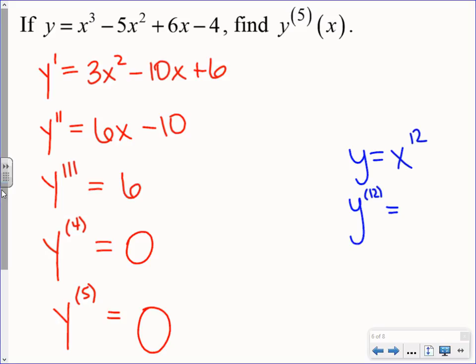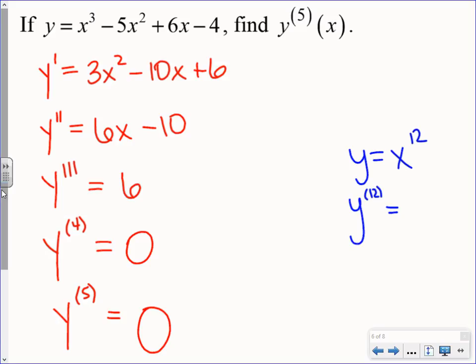The exponent's going to keep getting smaller, and what happens with our coefficient? Okay, and there's a pattern, right? Our first derivative is going to be 12x to the 11th. And then our next derivative is going to be 12 times 11 x to the 10th. And then our next derivative is going to be 12 times 11 times 10 x to the 9th. You see where I'm going here?